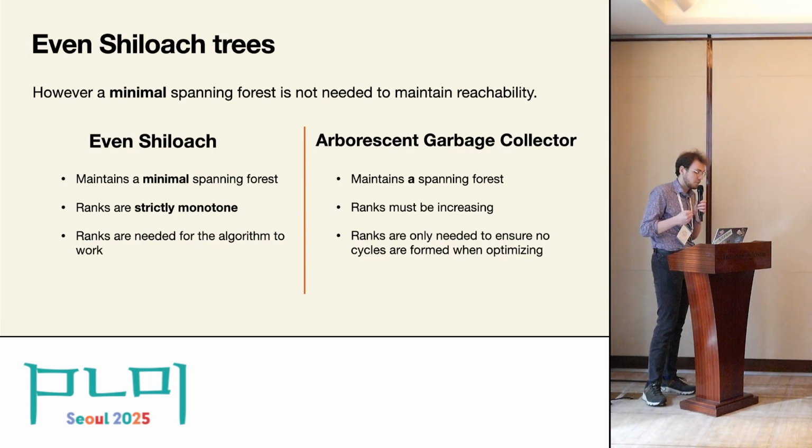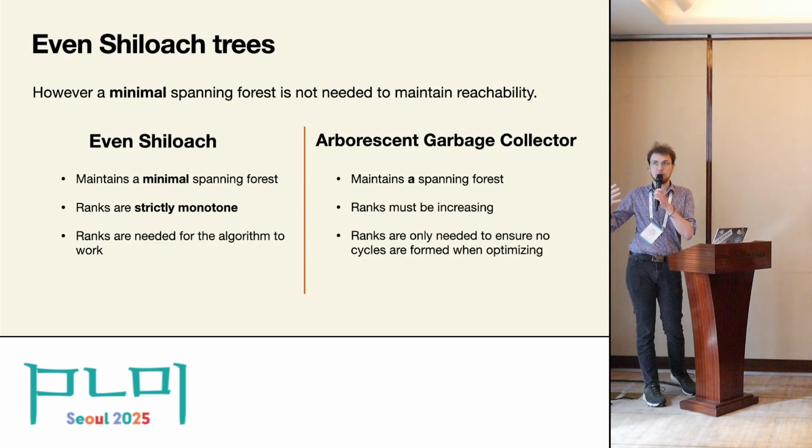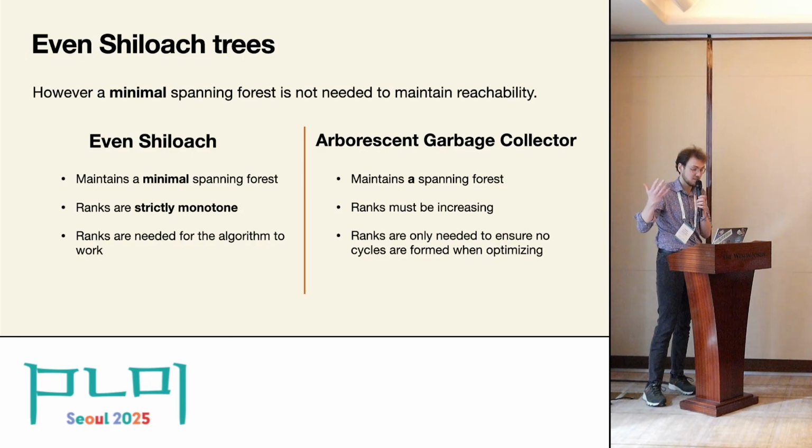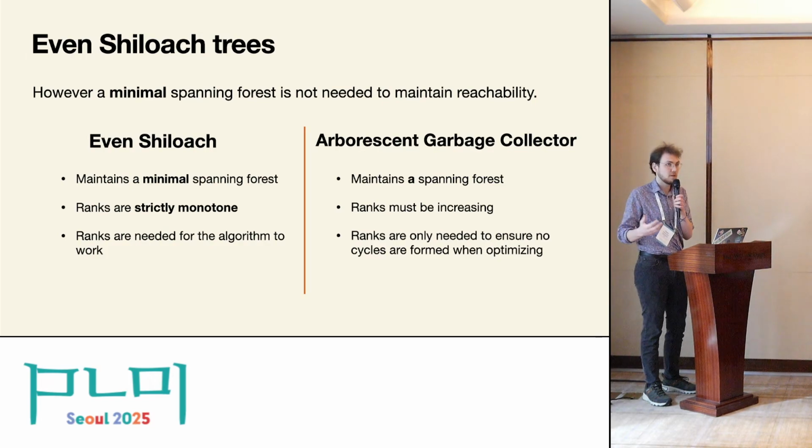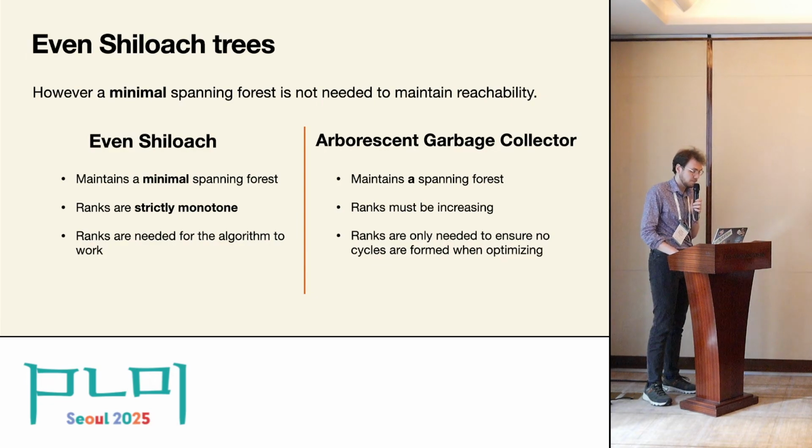So we'll distance ourselves a little bit from ES trees, and our goal will only be to maintain a spanning forest. We will also relax the notion of ranks to be increasing, but not necessarily in increments of 1. And we see also that in our case, ranks will mostly be used for optimizations.